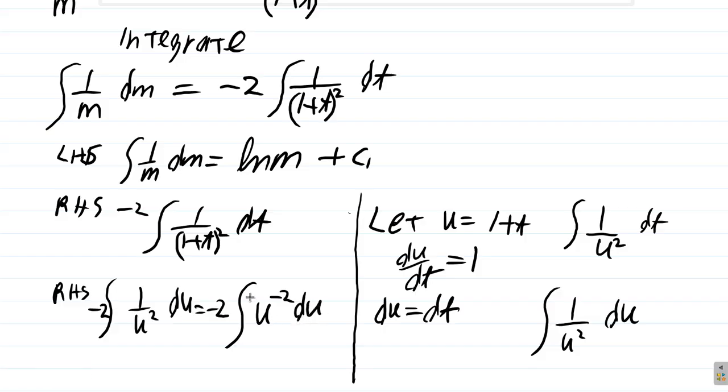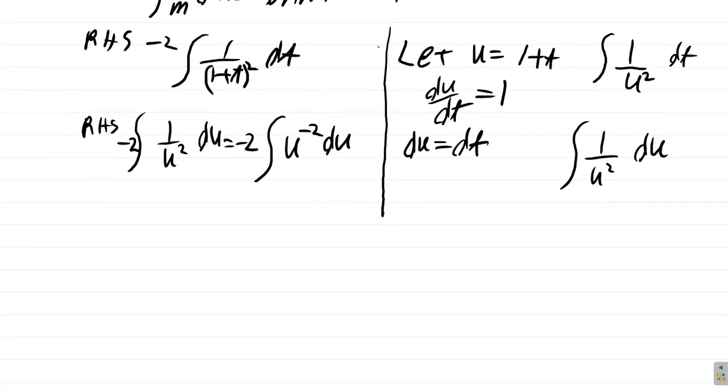We're going to use the power rule. So this is equal to negative 2 times u to the negative 2 plus 1 to get a new power, and divide by the new power, negative 2 plus 1.